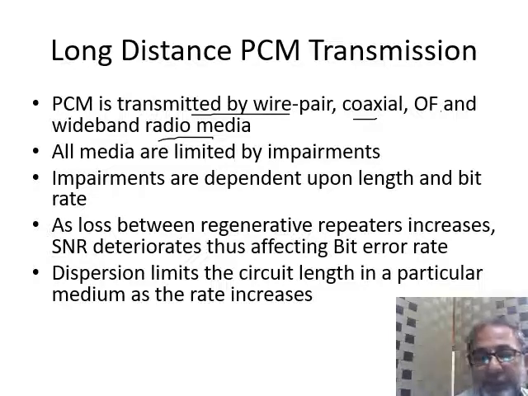Every media has impairments, but those impairments are dependent on the length and the bit rate. As loss between regenerative repeaters increases, signal to noise ratio deteriorates, thus affecting the bit error rate. Dispersion limits the circuit length in a particular medium as the rate increases.